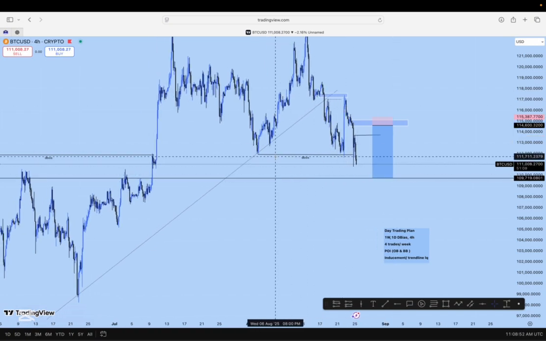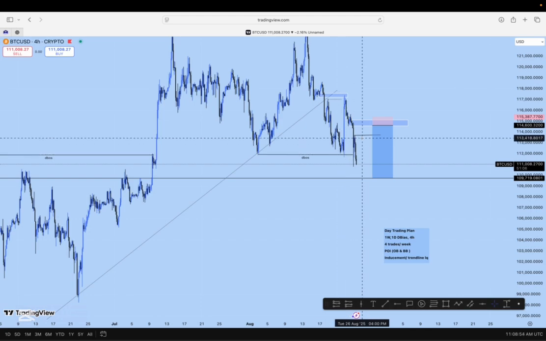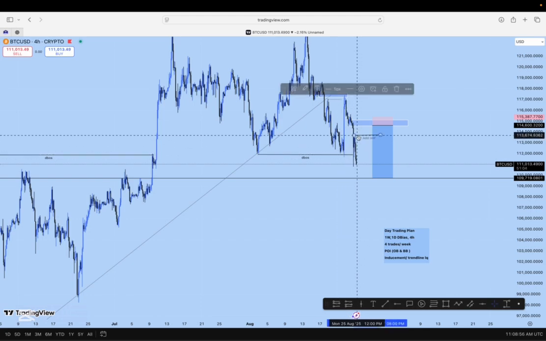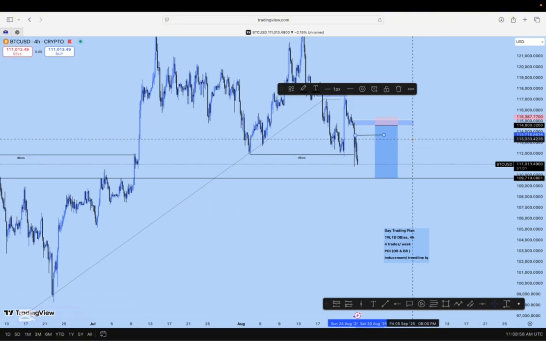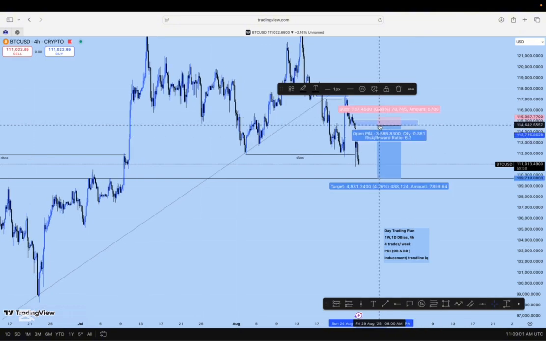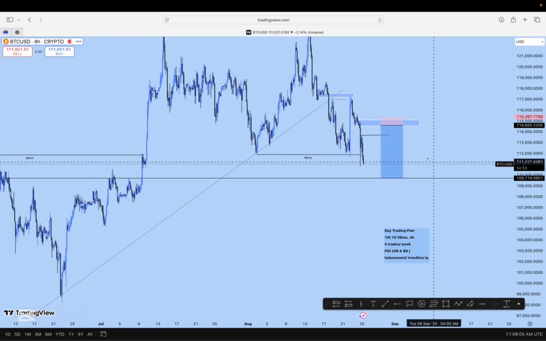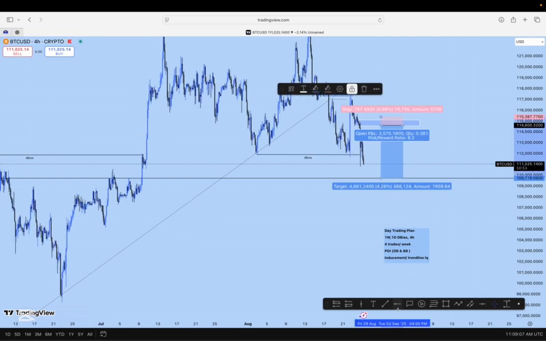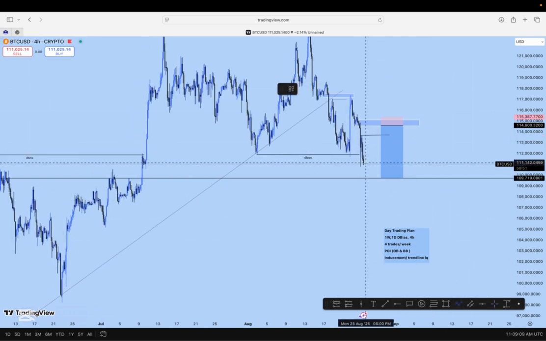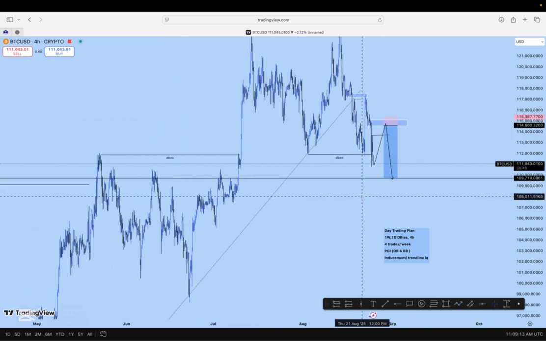Now I have a double breakout structure. Then the pullback that it made was this, which is the inducement, and now I have a breakout block here. So here is where I will take a sell if price makes any retracement to, let's say if we have this, here is where I will take a sell and target here.